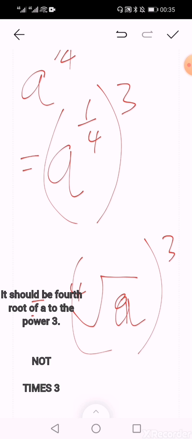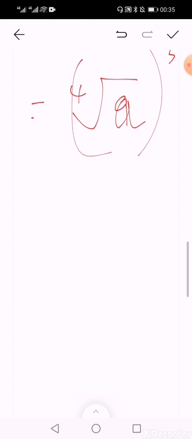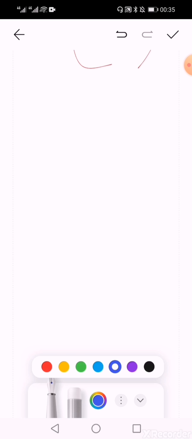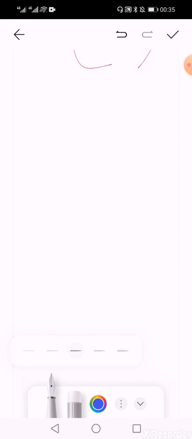Okay, so let's make an example whereby we will use numbers so that it improves our understanding. Let's look at this example. We have 16 to the power 3 over 4.